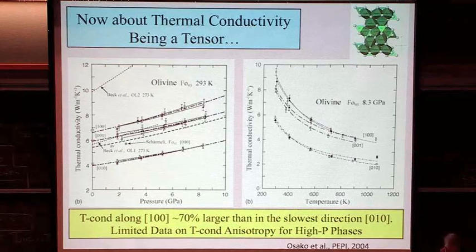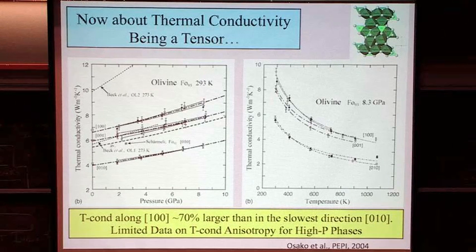So if you actually do align olivine within the Earth, and you clearly do, that would imply that the thermal conductivity would be prospectively variable by, alignment is not perfect, so 20 or 30% potential anisotropy of thermal conductivity within the planet, depending on the degree of anisotropy of materials. And that anisotropy, of course, persists at high pressure as well here.